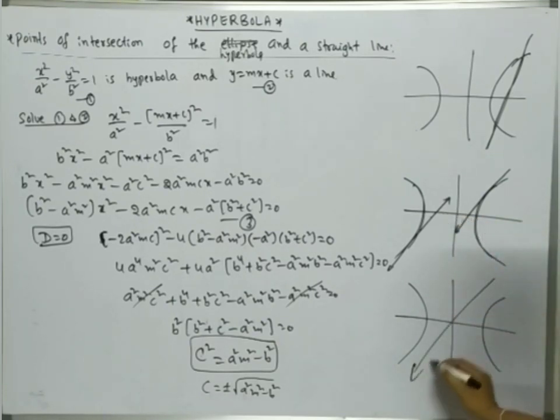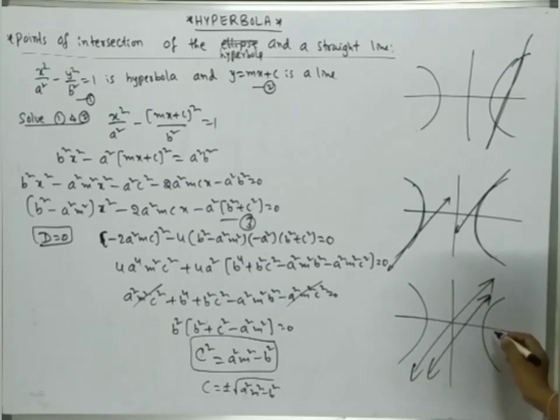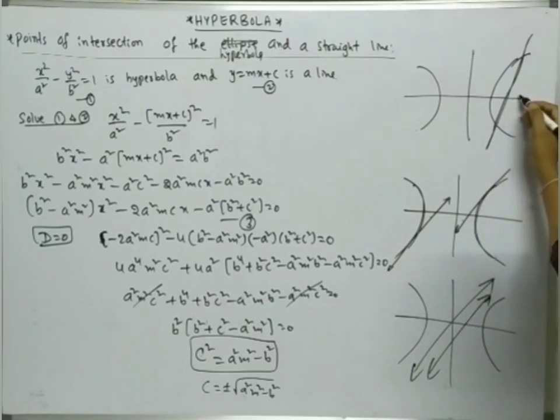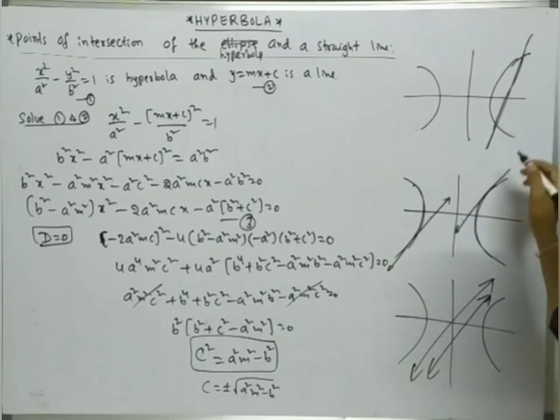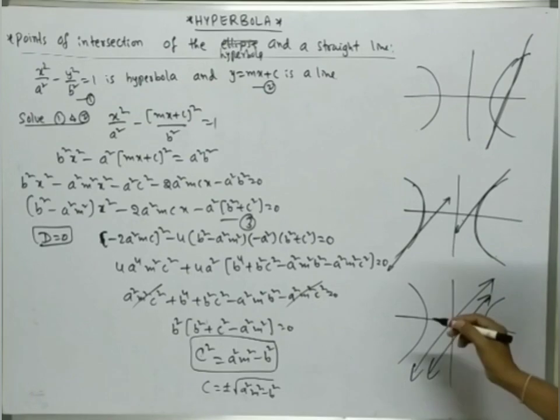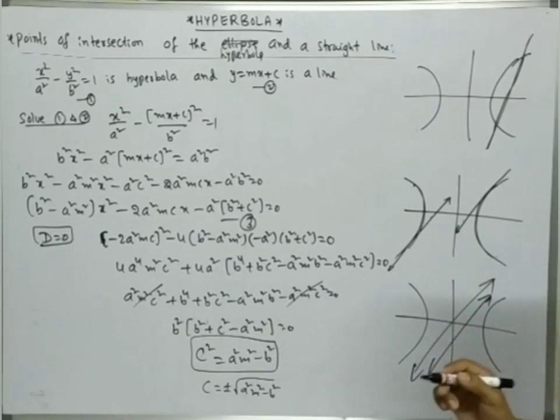These tangents will not cut the hyperbola. So the line may intersect at 2 points, called a secant line. The line may touch the hyperbola, that is called a tangent. The line may not intersect the hyperbola.